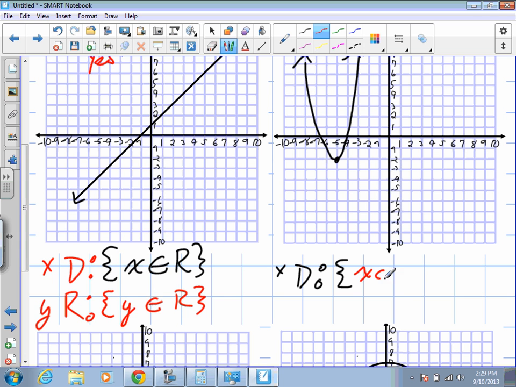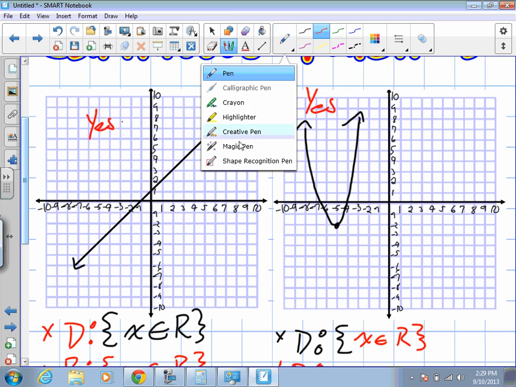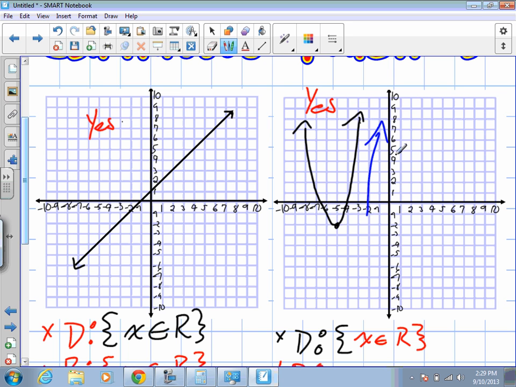Now, our range represents the y values. It's going to be a little different. For sure, our y values go up forever. But where is our stopping point? Because we're talking about y, we're only looking at the y value. So what's the lowest y value? -2. So it is continuous. So it does represent an infinite amount of points that way.